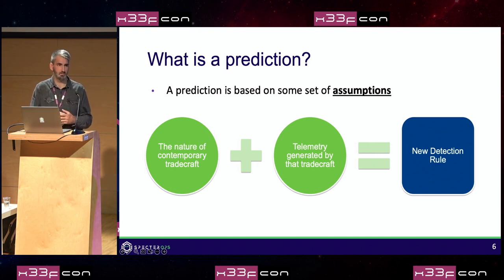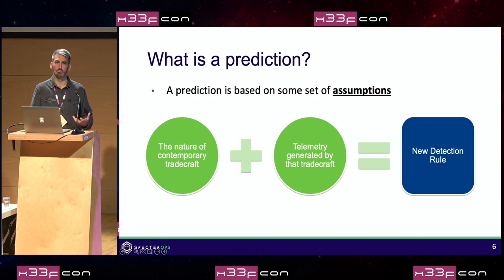A prediction is some estimation of the likelihood of some future event occurring, right? And I like to think of detection rules, for instance, from the blue team perspective, as a prediction in and of itself. And when we make predictions about anything, let alone just building detection rules, or some other examples we'll get into in a moment, we have to make assumptions about the world around us, because the world is complex.